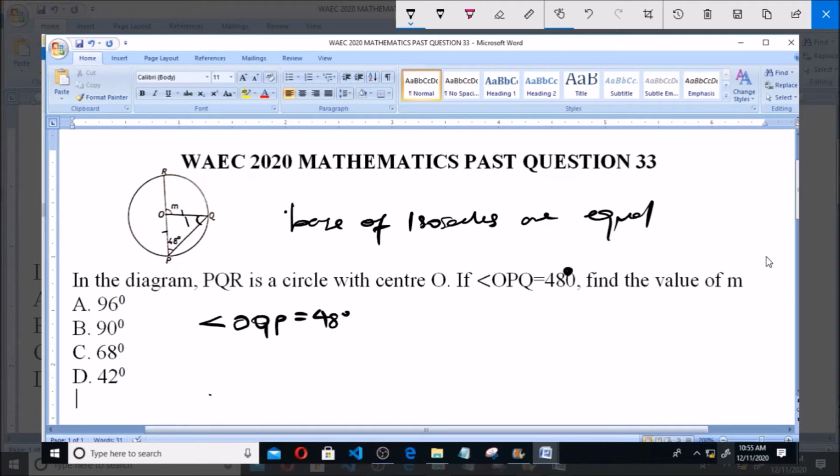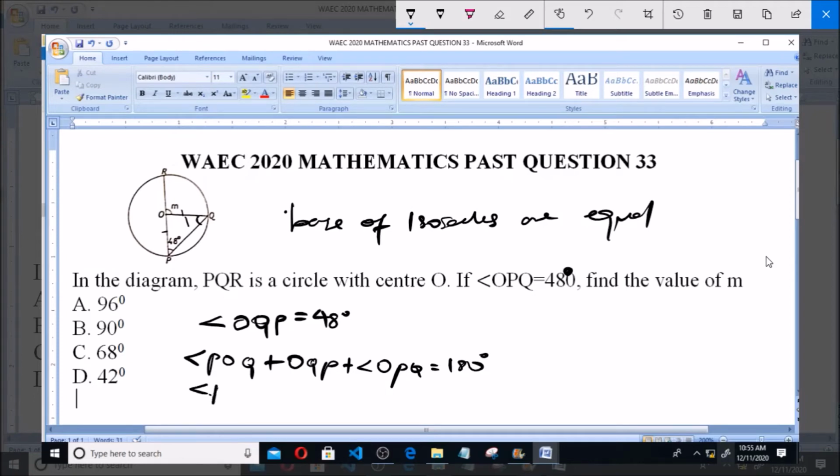Now we can say that angle POQ plus angle OQP plus angle OPQ is equal to 180 degrees. That is the sum of angles in a triangle.